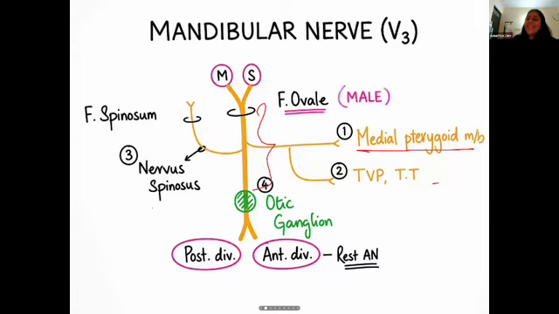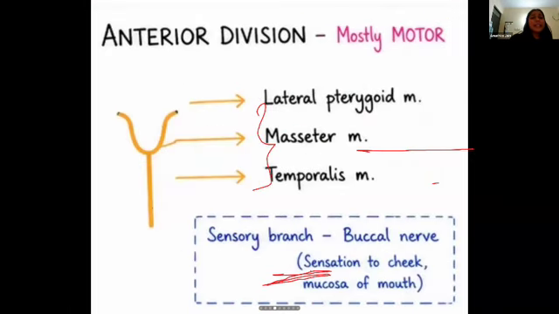Yes, my dear friends, they are supplied by the anterior division. The rest of the muscles of mastication are supplied by the anterior division. So the anterior division has three muscles: lateral pterygoid muscle, masseter muscle, temporalis muscle.